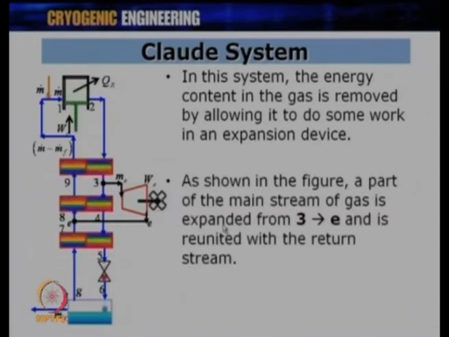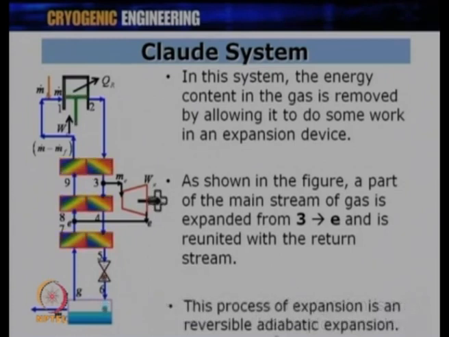As shown in the figure, a part of the main stream of gas is expanded from 3 to E. So, a part of the gas, which is m dot e, is taken from this compressed gas, and this expands from point 3 to point E, where it joins the return stream. And this is the stream which is going to produce cold, so that you go near the dome, and then we have a JT expansion resulting in getting liquid at this point.